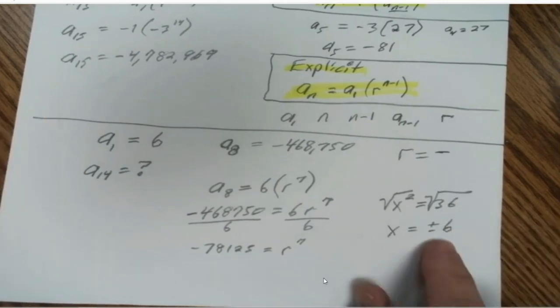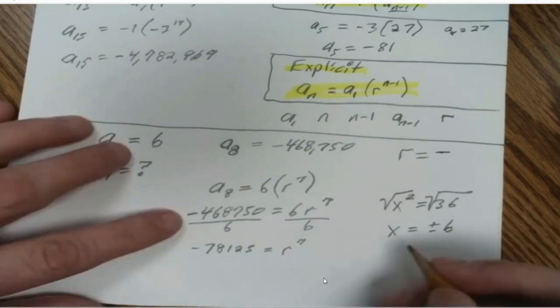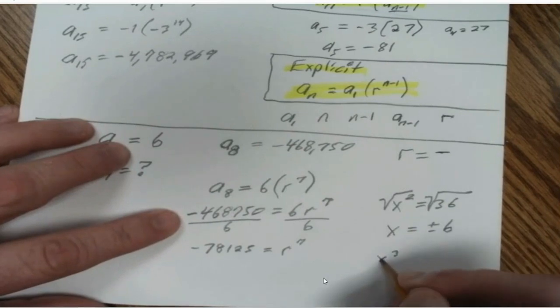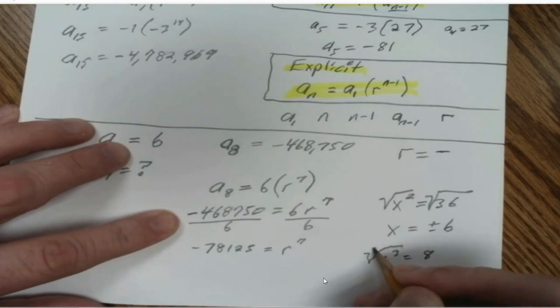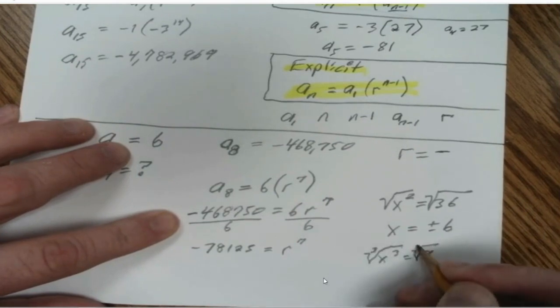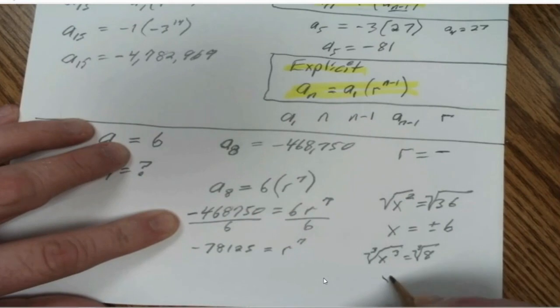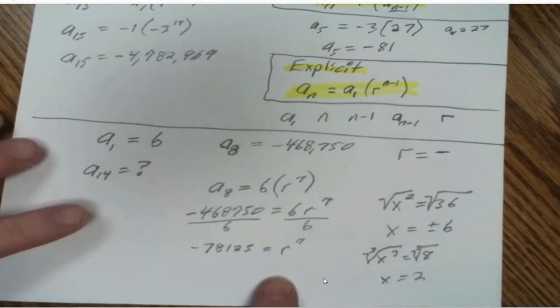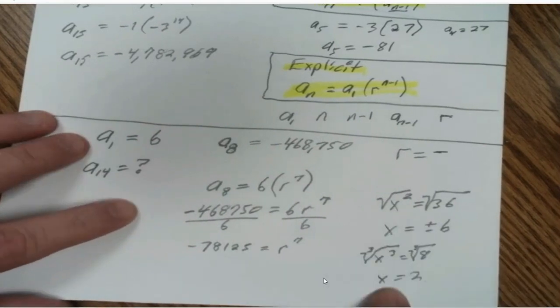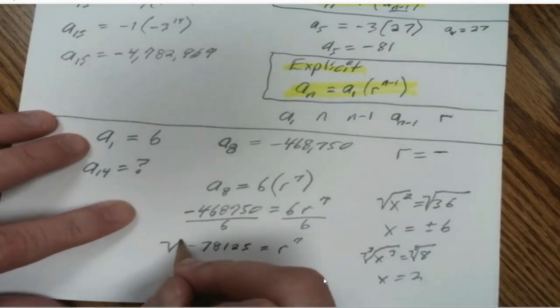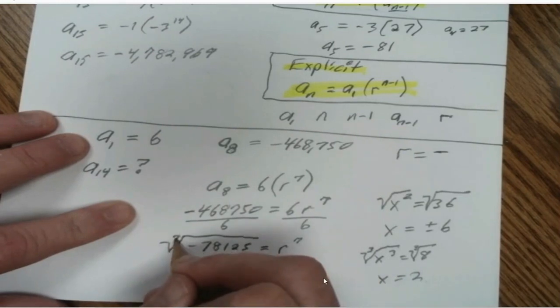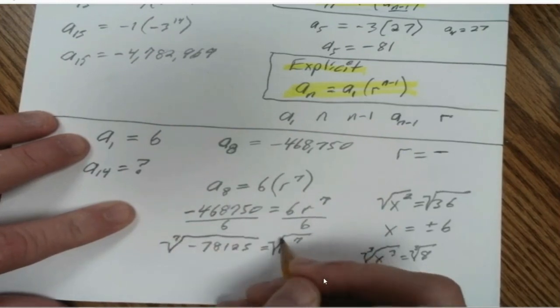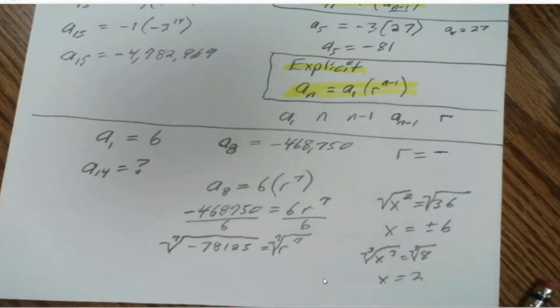If this was x to the third equals 8, we would take the cubed root and say x equals 2. So taking that concept over here, we have to take the 7th root of both sides.